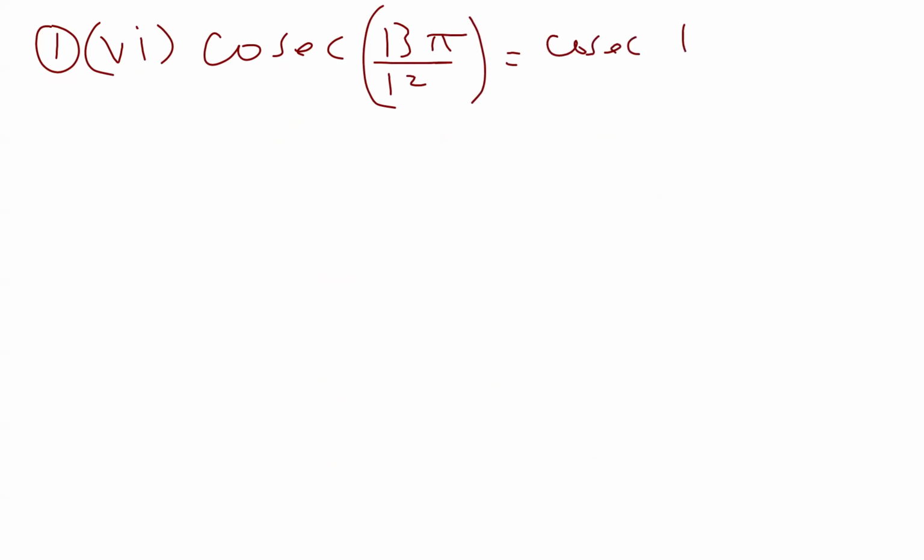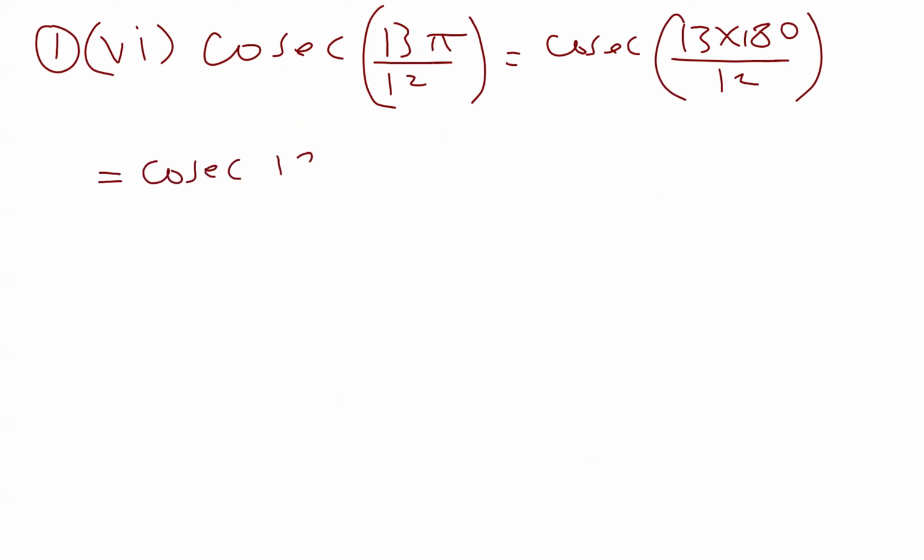So this is cosec 13 pi by 12. So this is cosec 13 into 180 by 12. We are converting this into degrees. You have to calculate this. You can reduce it or use a calculator also, not a problem.